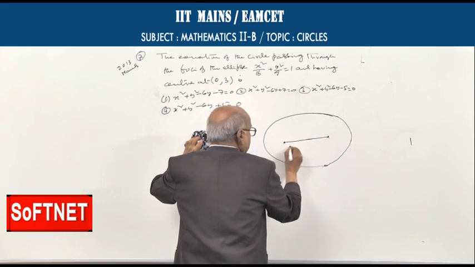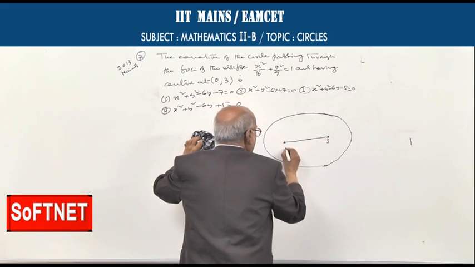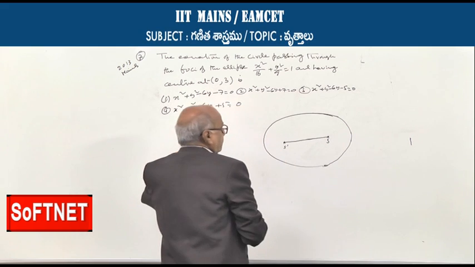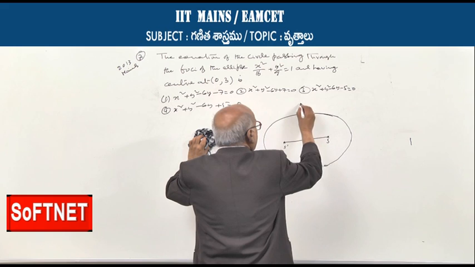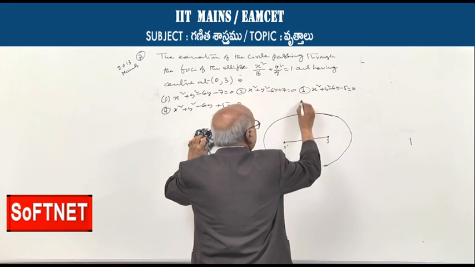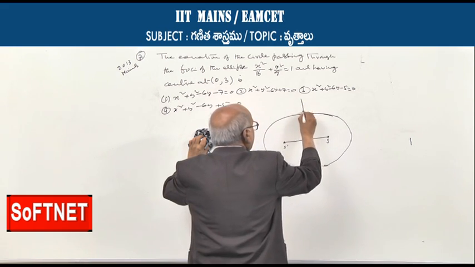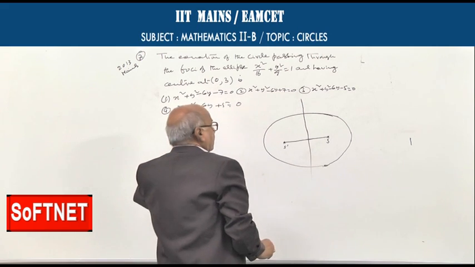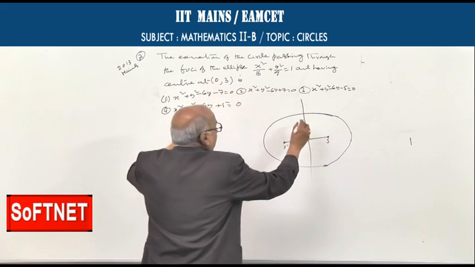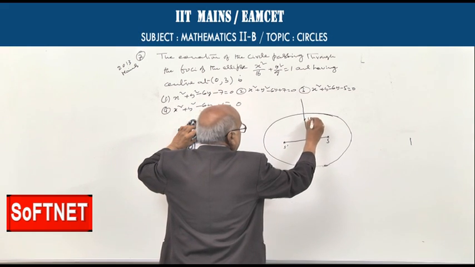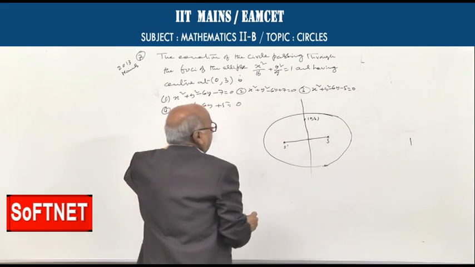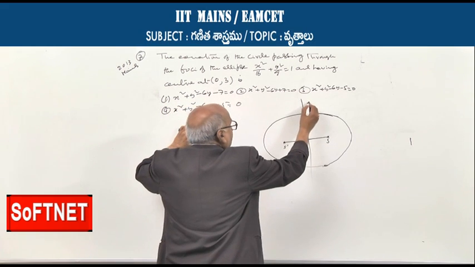So, this is S and S dash, and you are given that (0, 3) is the center, a circle with (0, 3) as center and passing through the foci.